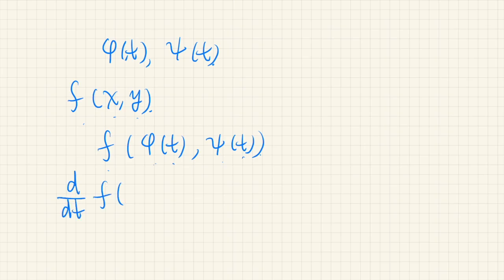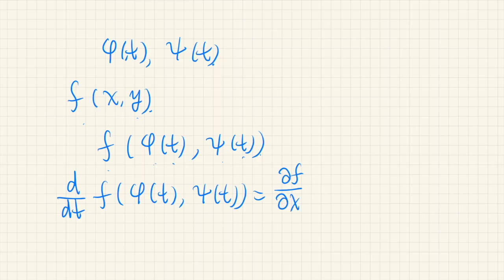What we want to find is this derivative, d/dt of f of phi of t and psi of t. So what does it look like? The answer is, first we differentiate f with respect to x, that means this first variable, and evaluate that derivative at phi of t and psi of t. And then multiply that by the ordinary derivative of phi with respect to t, which is a function of t.